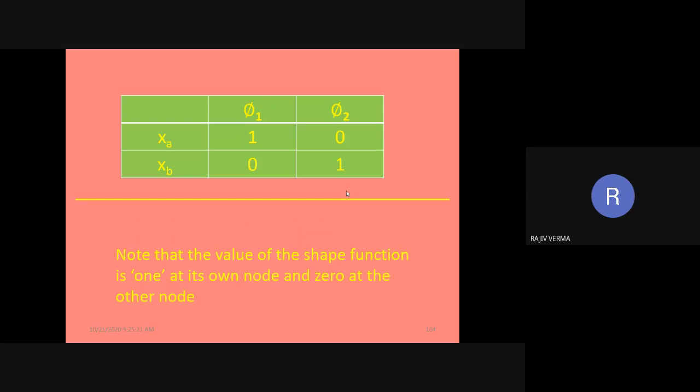Note that the value of shape function is 1 at its own node and is 0 at the other node.